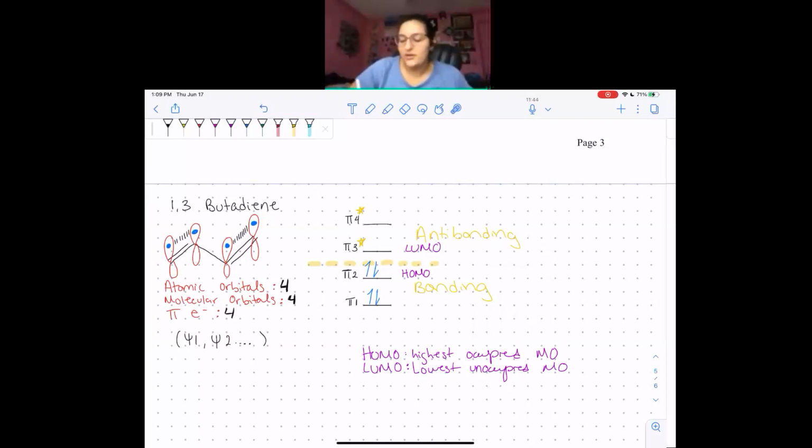Okay, so pi 2 is the highest number that has electrons in it, so we're going to call that the HOMO. Pi 3 is the lowest number that is empty, so we're going to call that the LUMO. And that's pretty much all there is to it. Any questions?